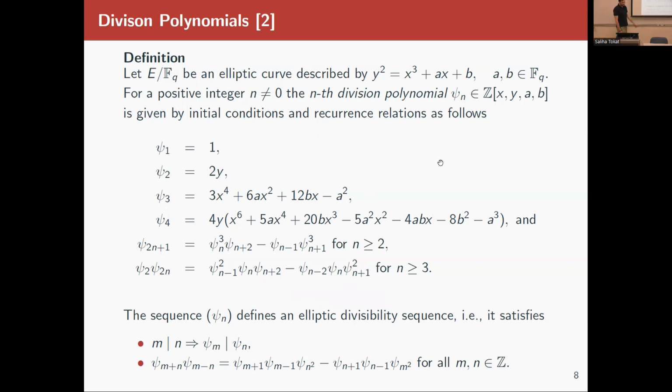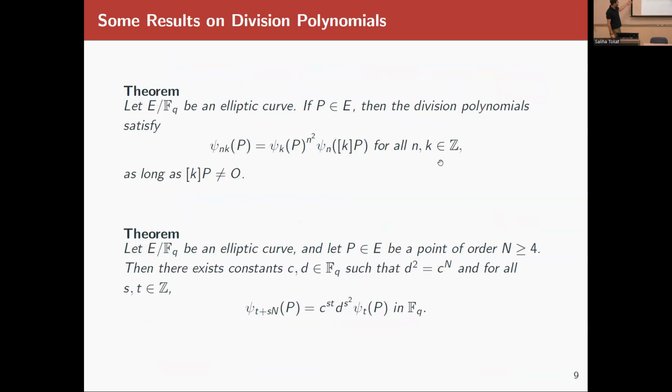It doesn't really give some intuition or meaning, but we can deduce from these two properties these two terms. The first term helps us to carry this psi n in the psi index to the coefficient of P. So it should give us some intuition about the relation between the psi function and the elliptic curve.